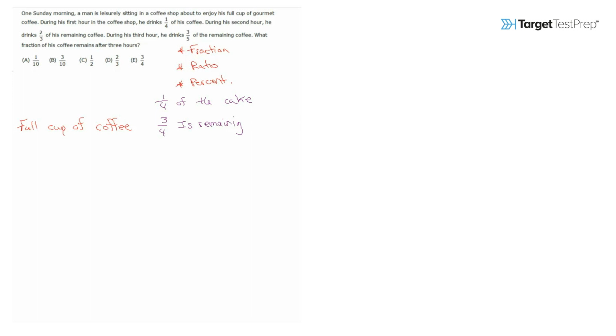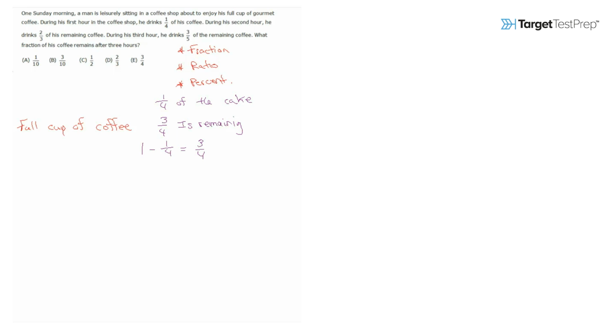Obviously, most of us do this in our head, but the reason that's the case is because we say 1 minus 1/4 is 3/4, and that's the math that's being done in our head. Certainly, I don't think on a GMAT you have to write out 1 minus 3/4 to see that 3/4 is remaining, but the one thing you always want to be aware of is that in these fraction questions, this is the type of thing that the GMAT is testing you on. Can you pick up on those different things?